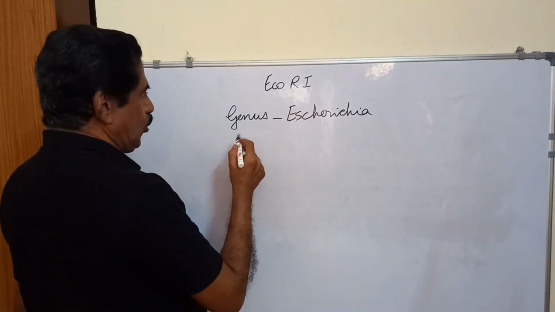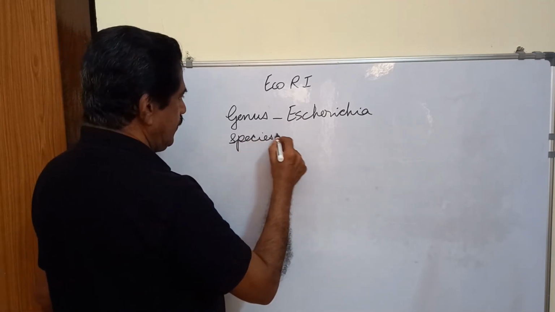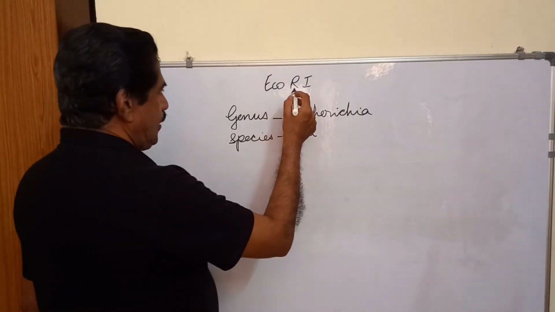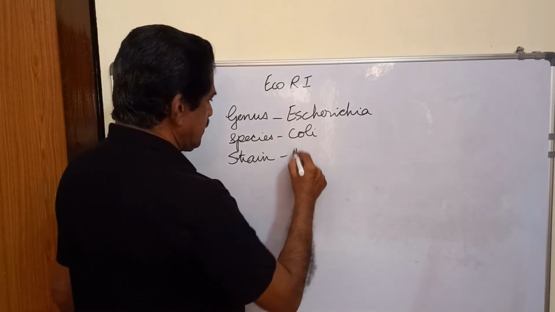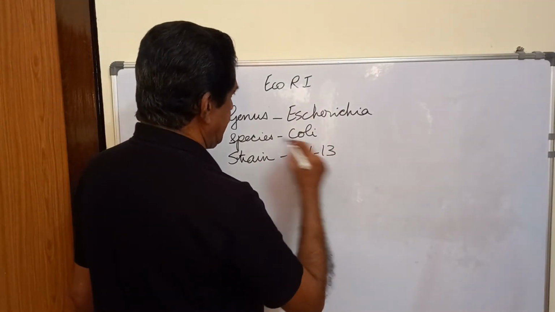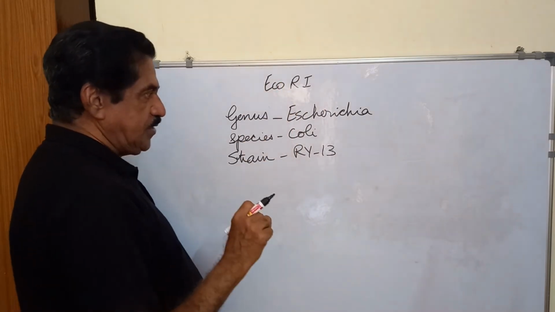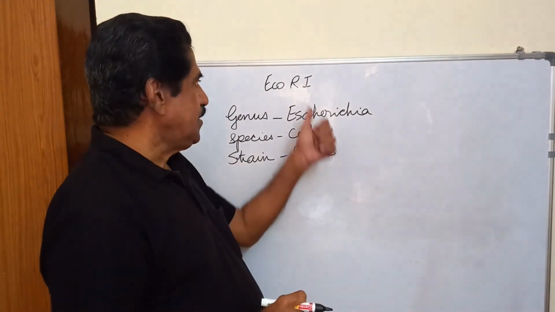Co stands for species, which is coli. R stands for strain, which is RY13. And this numeral shows that it is the first enzyme discovered in E. coli.